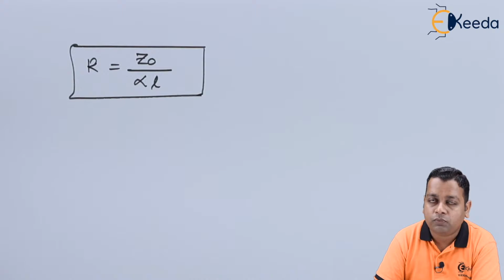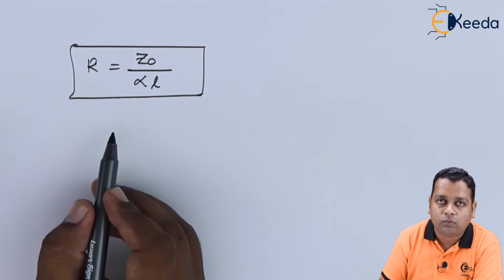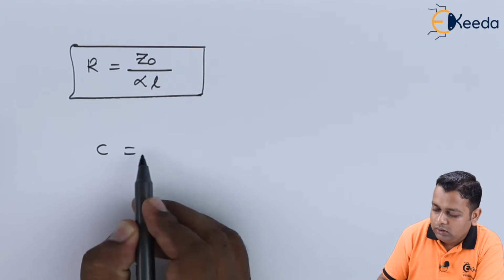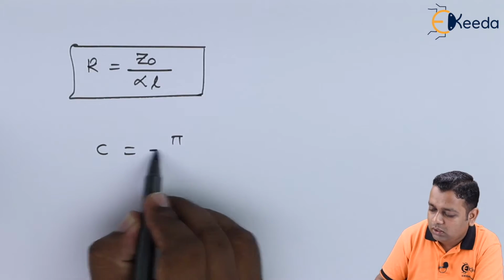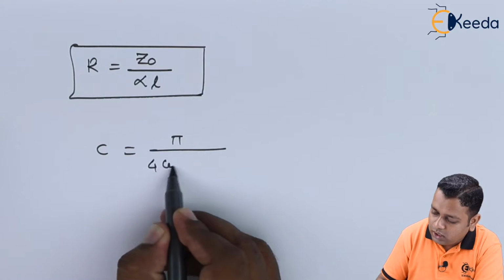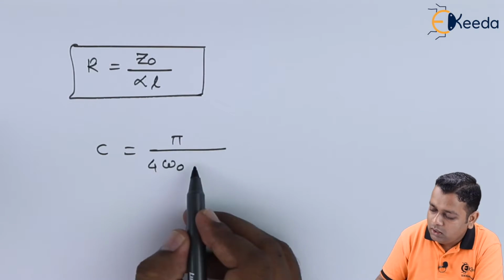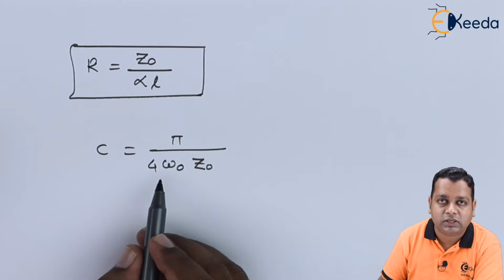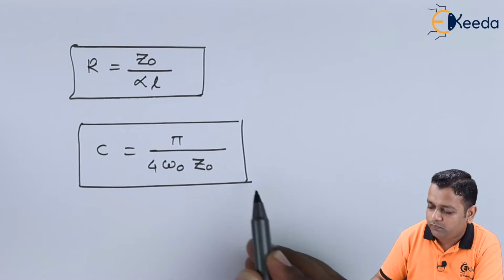Whereas the other two components are responsible for the storage of the magnetic and electric energy. For the electric storage of energy, we have capital C. The capacitance value is given by pi divided by 4 times the angular frequency at resonance omega 0 into the characteristic impedance Z0. So this is the second equivalent component.